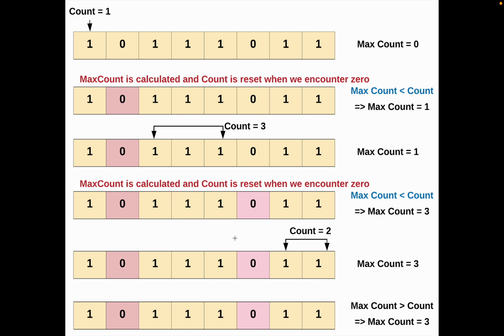And let's skip the second 0. And 1, 2, the count is 2. But the max count is still 3. So we compare. The max count is greater than count, and the max count is equal to 3 because it is larger than count. We don't take the value. So finally, because we finished, the max count is equal to 3.